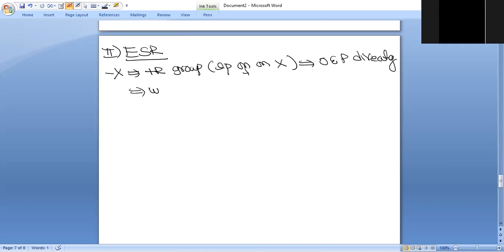But these are weak plus R groups. And here the minus I effect will also be present. So that's why these are less reactive than benzene.